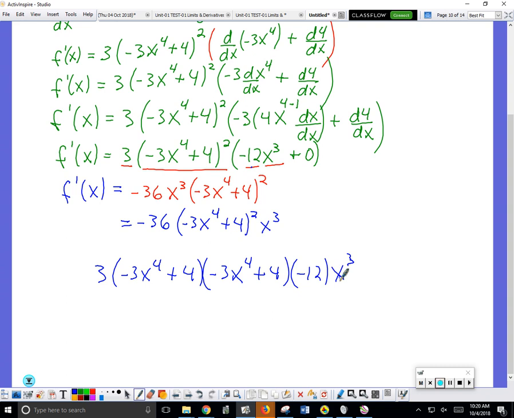If I have this, I now have 1, 2, 3, 4, 5 factors. I still get to choose the order in which I want to multiply those factors. So I could choose to multiply these two first. That would require distribution because the x cubed would have to go to both. That would create a new factor. And then I'd have 4 factors to multiply. With those resulting 4 factors, I get to choose how to do it. Is that your question?